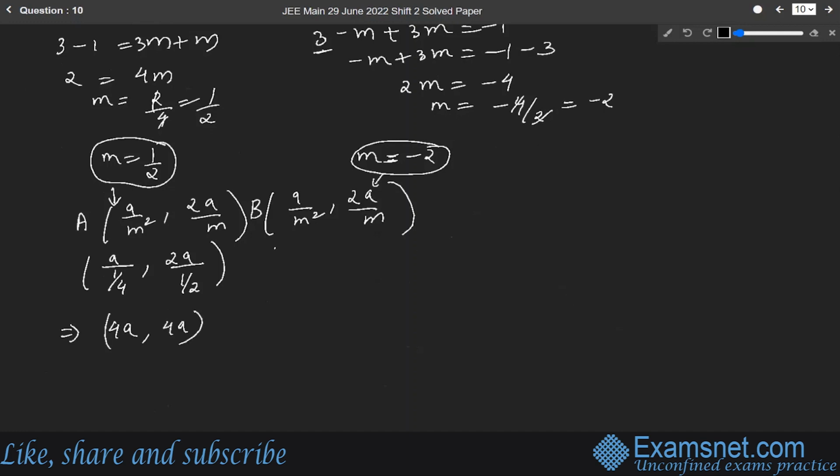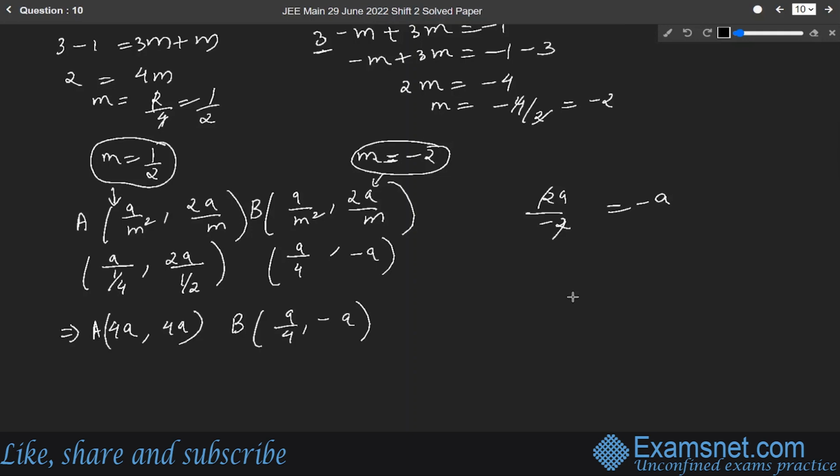When we substitute m is equal to minus 2 here, a upon minus 2 square will be a by 4. And 2a upon minus 2, this 2 and 2 will be cancelled, so it will be minus a. So the coordinates of A are 4a comma 4a, and the coordinates of B are a by 4 comma minus a.